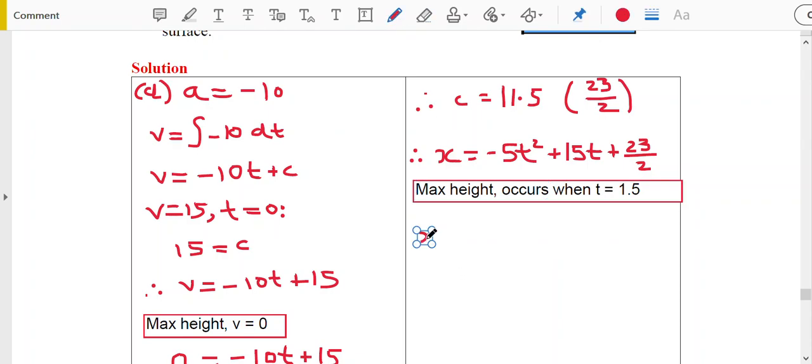So x equals minus 5 times 1.5 squared plus 15 times 1.5 plus 23 over 2.